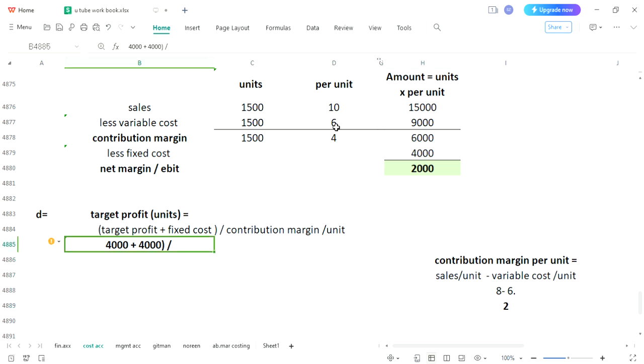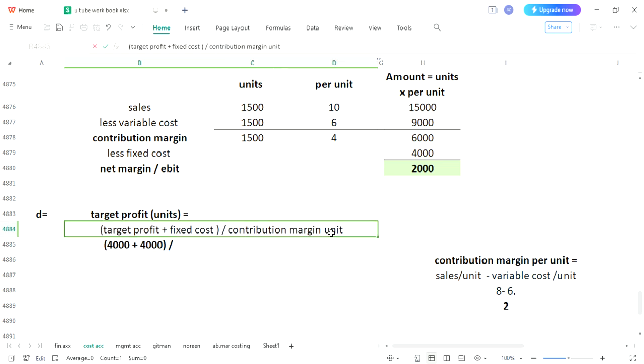Come over here. What we were doing, target profit 4,000, it was given in the question. Fixed cost is already mentioned in the question, which is 4,000, and now we need to divide it by the contribution margin per unit, and that contribution margin per unit is 2. This symbol is disturbing, so we can write per unit so that we can have the difference between this division and per unit.